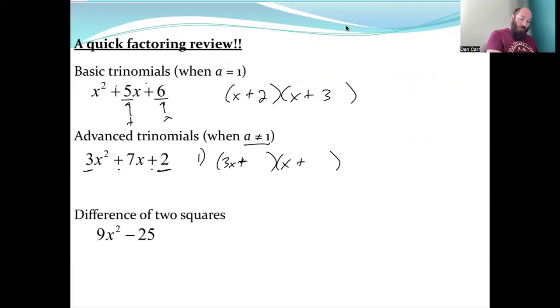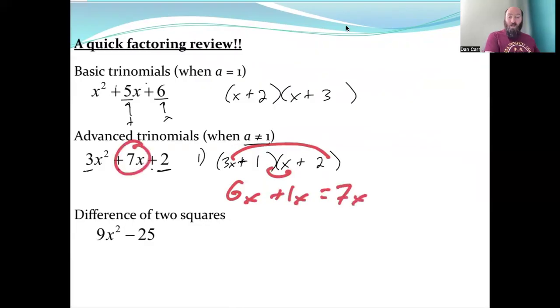Now, keep in mind with the guess and check, it could have been 2, 1 or 1, 2. But the order matters, because this is going to give me 3x and 2x. When I add those together, that's not 7x. So instead, I have to put 1 and 2 here, because if I multiply that out, that's a 6x, that's a 1x, and that gives me 7x, which is what I want here.